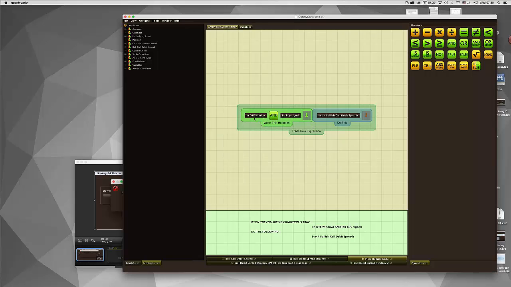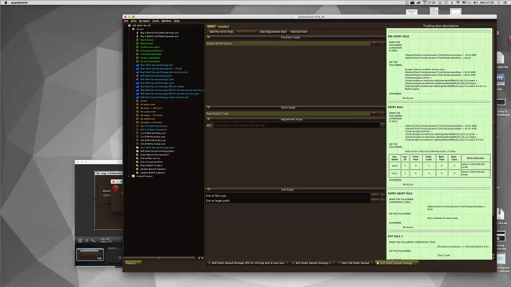Whenever you're in the DTE window and you get the BB buy signal, then buy 4 bullish call debit spreads. Actually, I changed this to 1 because 4 ended up being too expensive and my drawdown was too heavy. So it says 4, but I changed it to 1. So this is my entry rule.